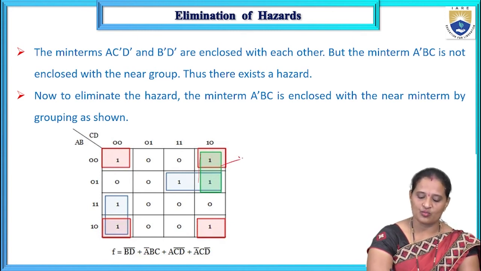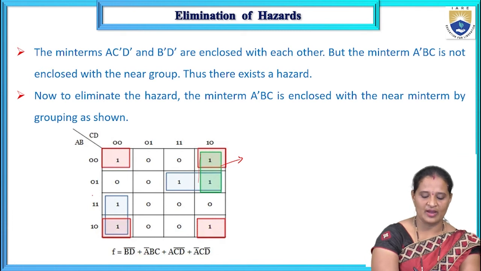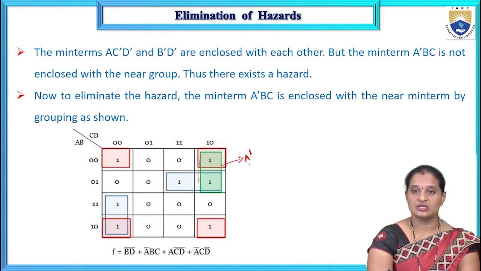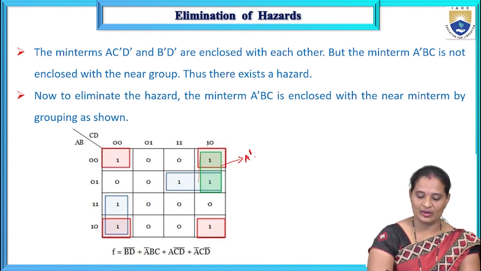And due to this, what term is going to be added here? This pair is formed by these two rows and this column, right? So for these two rows, the A value is the same, which is 0, so A bar, whereas C value and D value are also common, where C is 1, D is 0, D complement.